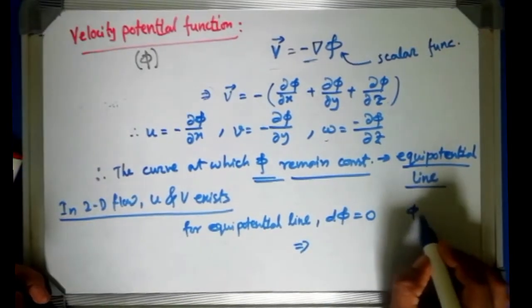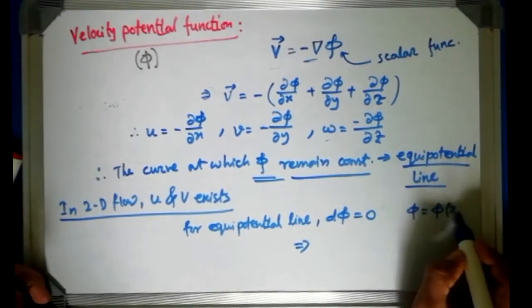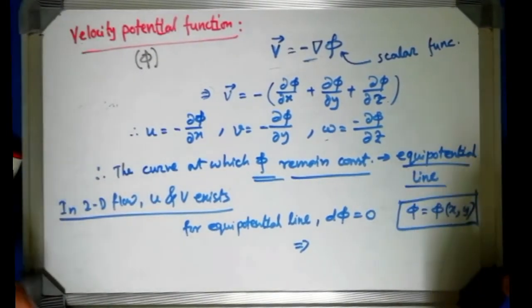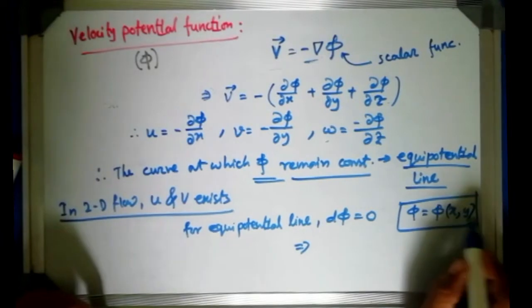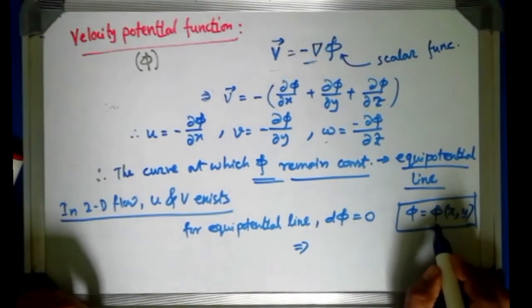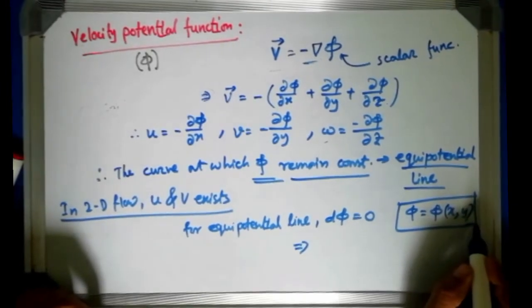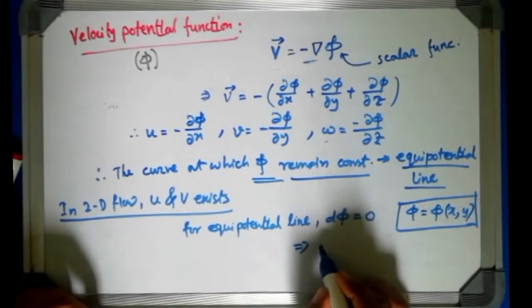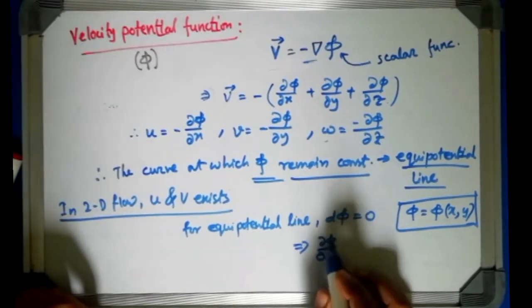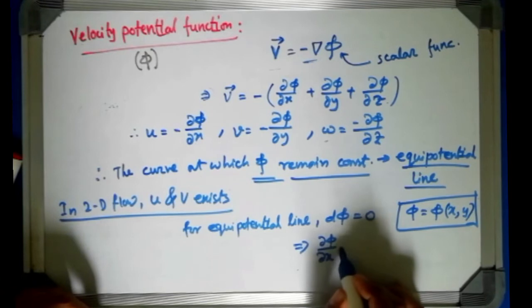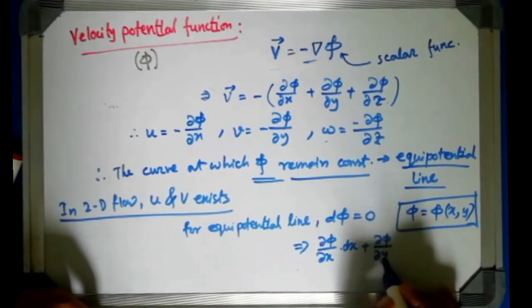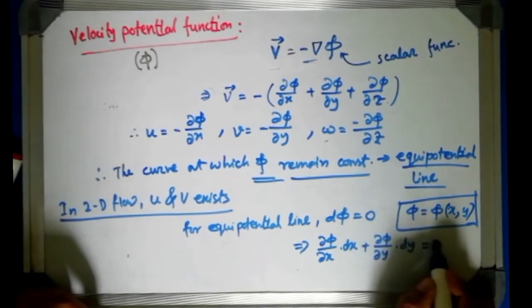Obviously phi is a function of x and y, mind it, because we are considering it a steady flow, so that is why we have eliminated the time parameter. So if phi is a function of x and y, then d phi can be expanded in this pattern. Already I have used this pattern before also: del phi del x into dx plus del phi del y into dy equals 0.